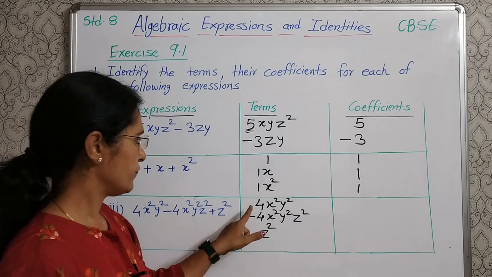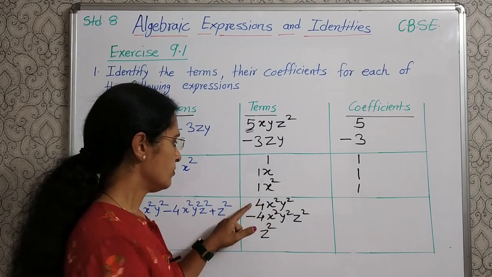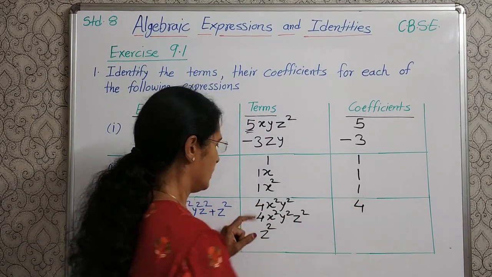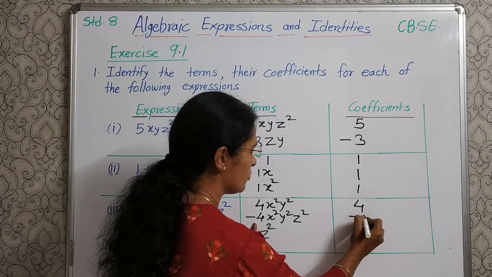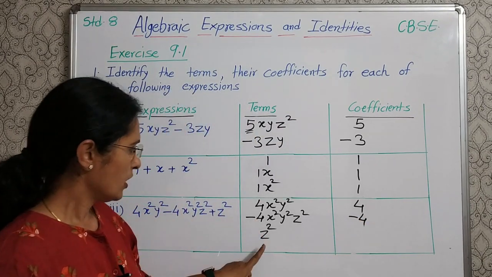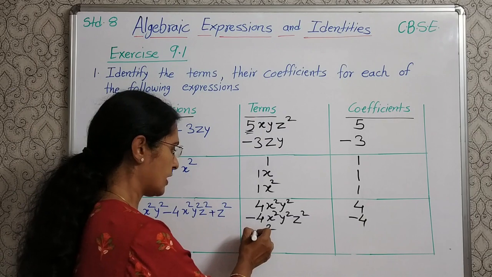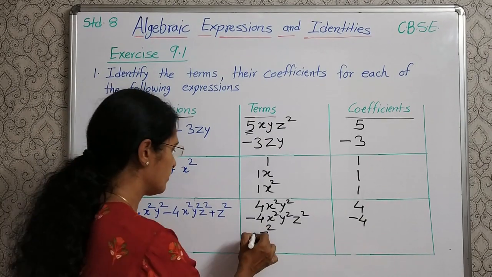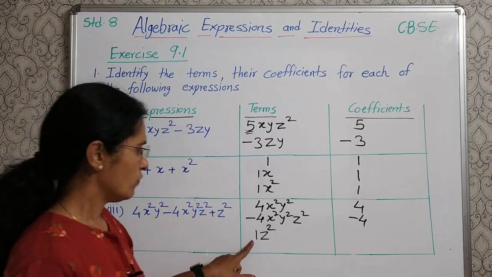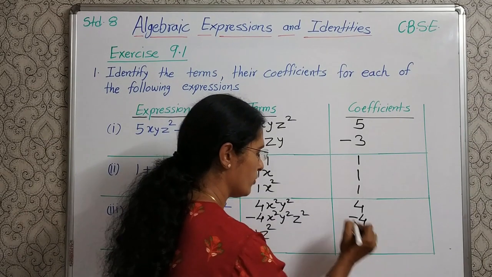Now we'll write their coefficients. In the first term 4 is the coefficient. In the second term minus 4 is the coefficient. In the third term we cannot see the numerical factor, it means 1 is there, so 1 is the coefficient.